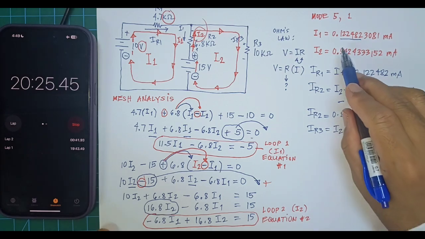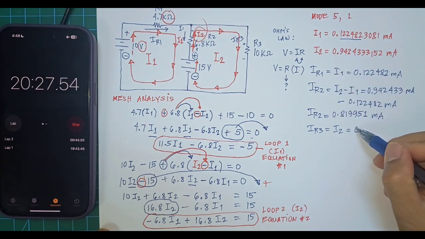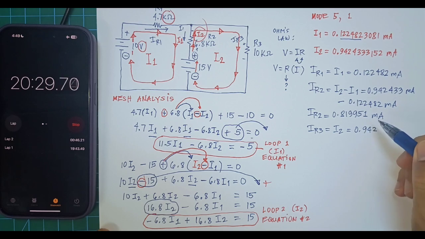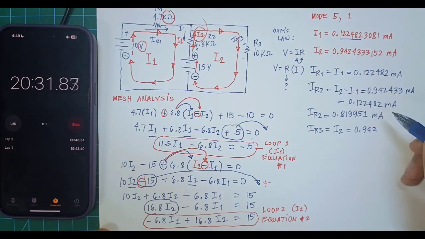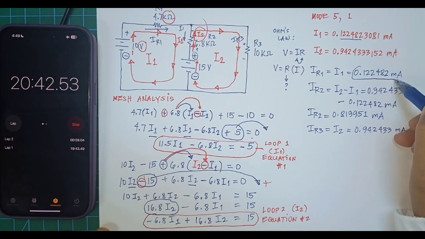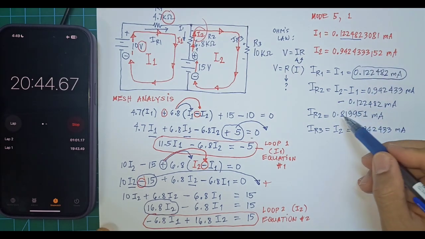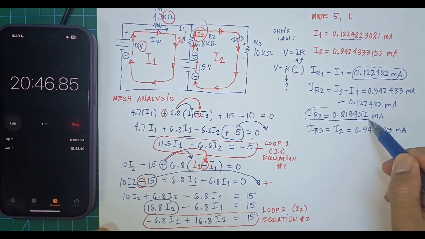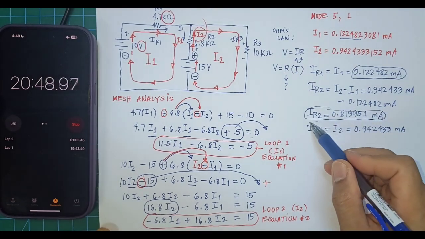So IR3 equals I2, which is 0.9424333 milliamperes. And there you go, we got our IR1, we got our IR2, we have IR3.